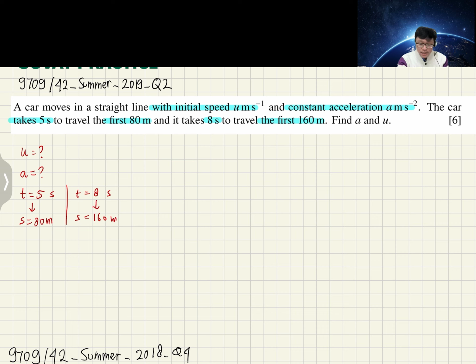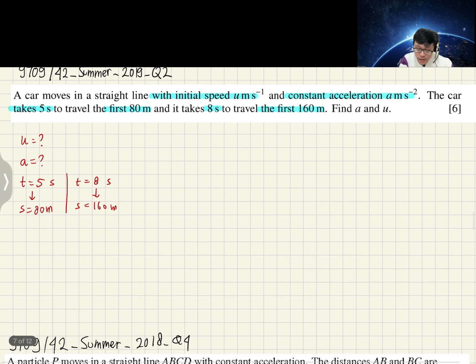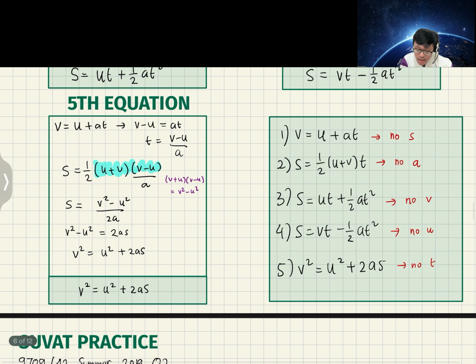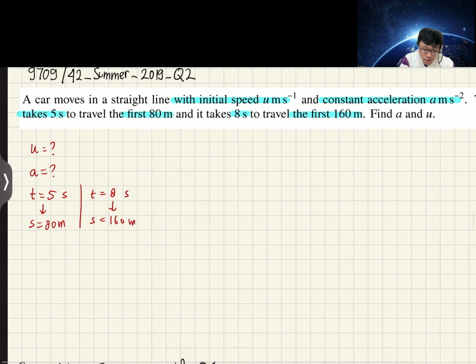So let's list down, we have S, U, A, T. So there is no V at all. If we go back to the equation, the one that does not involve V is the third equation. So we can use the third equation to solve this question.